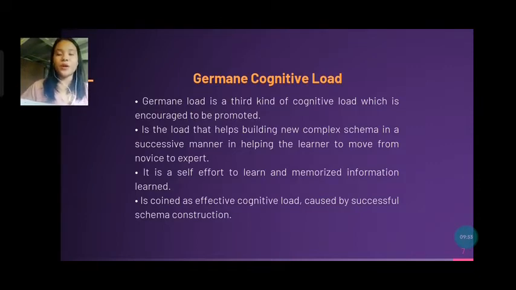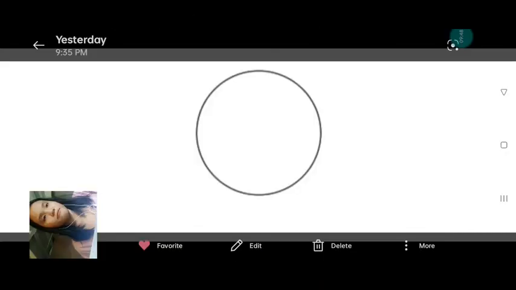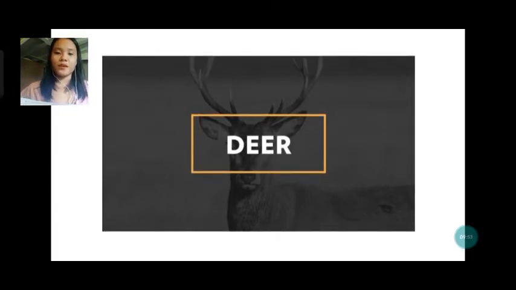For example, I live in the south, so you may think I go deer hunting. I don't, but I'll go ahead and use this illustration as an example to discuss the germane load of cognitive load theory.